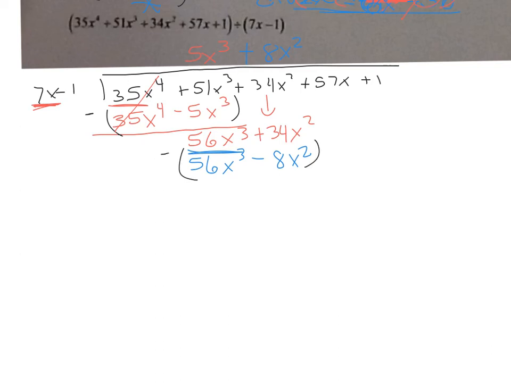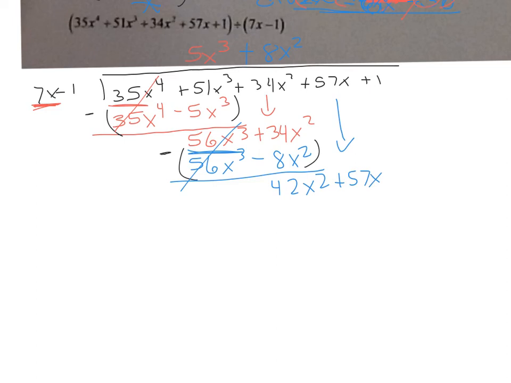And remember again, we're subtracting. So subtract down. So I have 34 minus negative 8x squared is 42x squared. And then I have 56x to the third minus 56x to the third. Well, that's 0. Bring down the 57x.